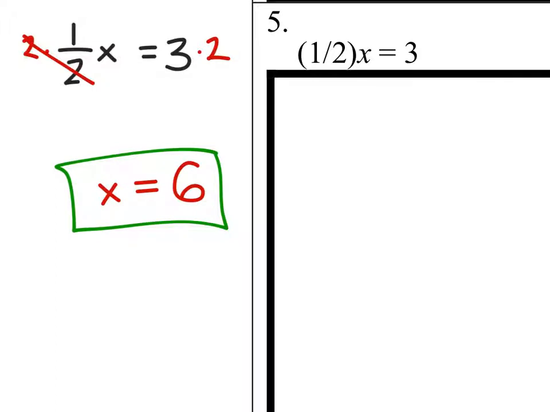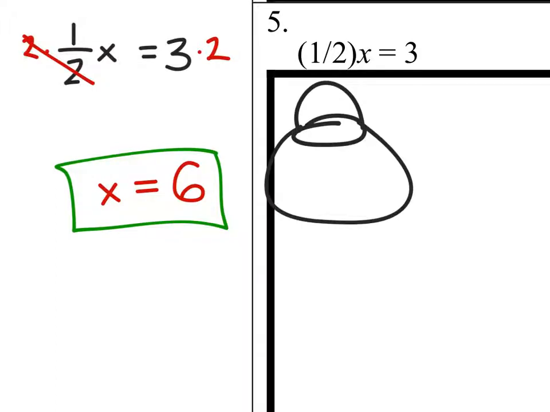Alright, let's look at the model on these. So remember, if we had a full bucket of candies, well, actually, how much of a bucket do we have? Only a half bucket. So, we only have half.